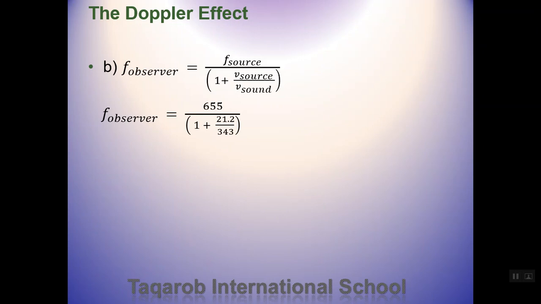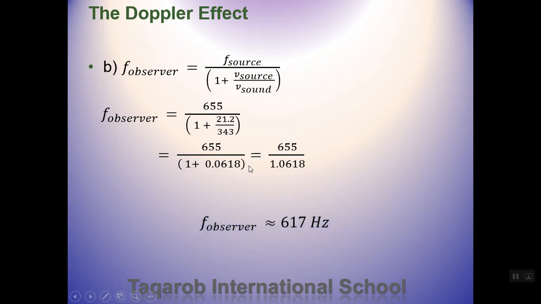Substitute your numbers: 655 over 1 plus 21.2 over 343. Calculate the denominator first. Then we find f at the observer is approximately equal to 617 Hz. In this case, the frequency at the observer is less than the frequency of the source because the source is moving away from the observer.